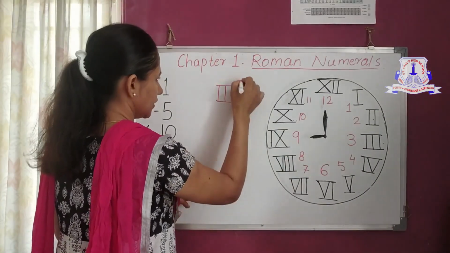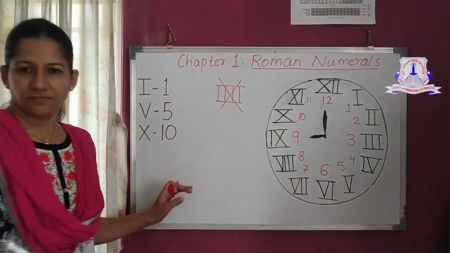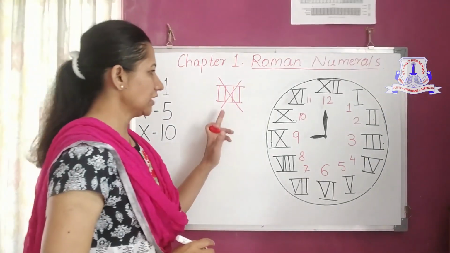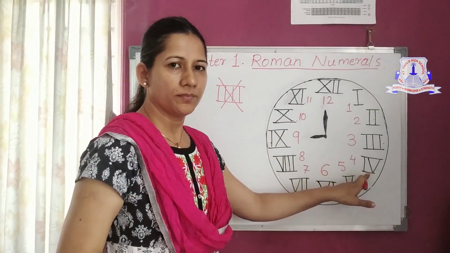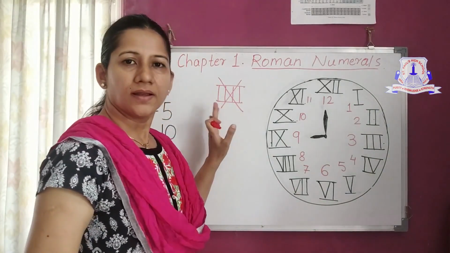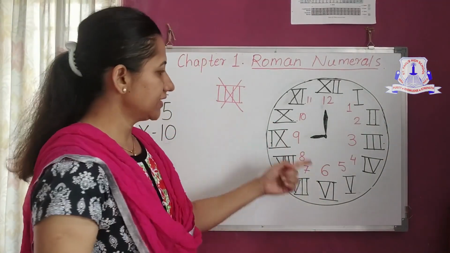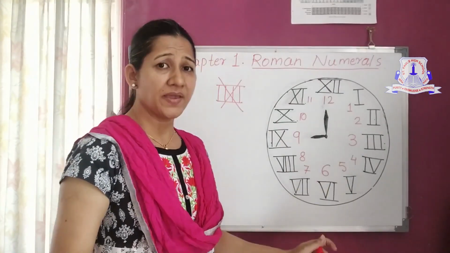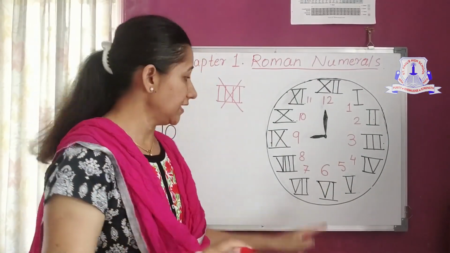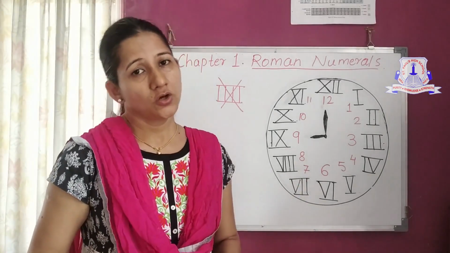This is the wrong way of writing. We cannot represent number 4 by four I's. For this we have a different system that I'll explain while explaining the rules to write Roman numerals.